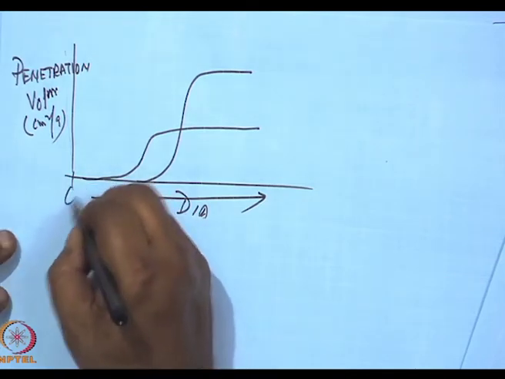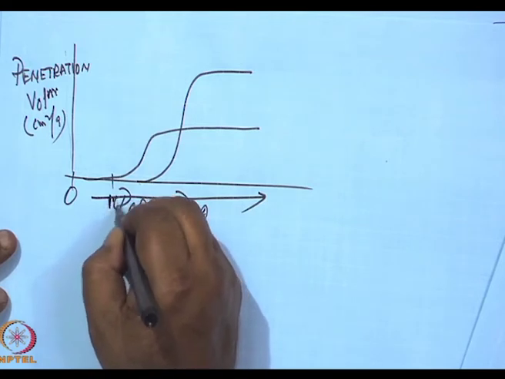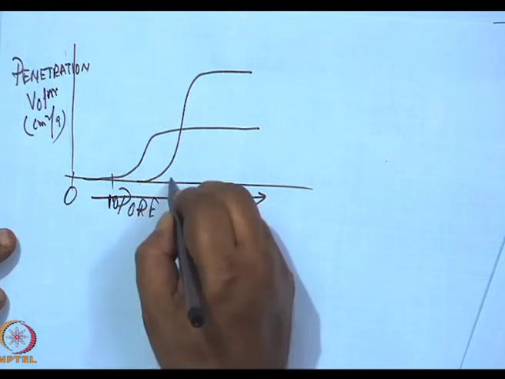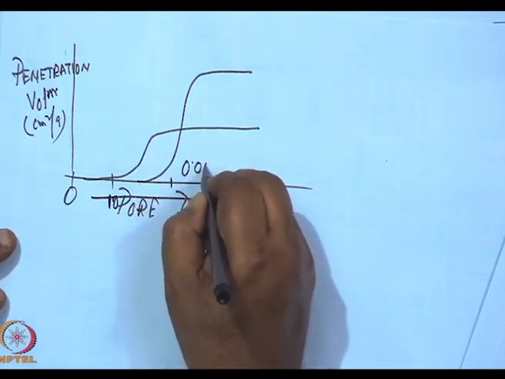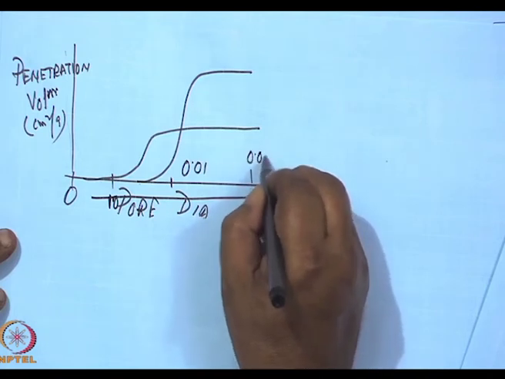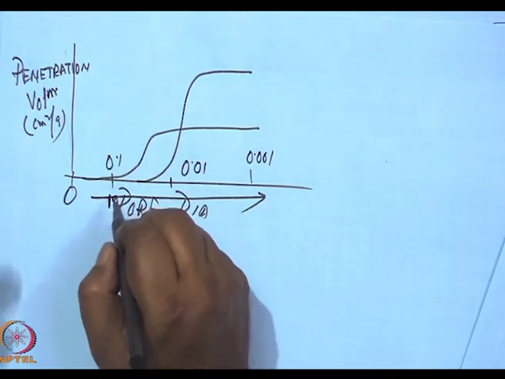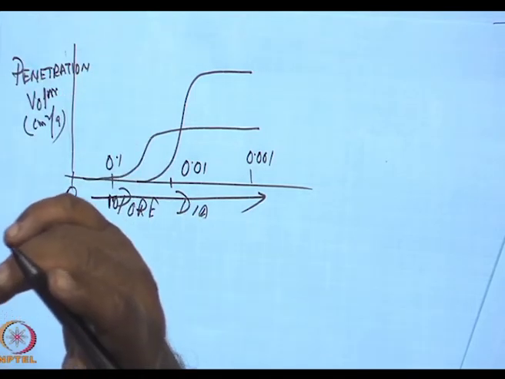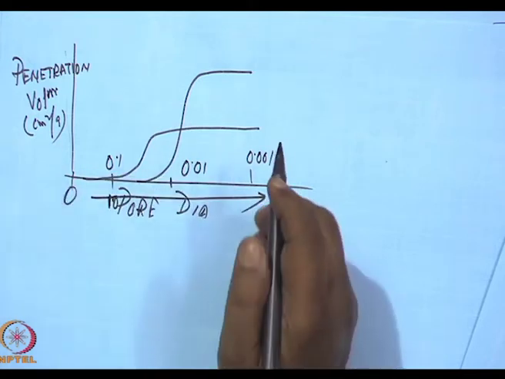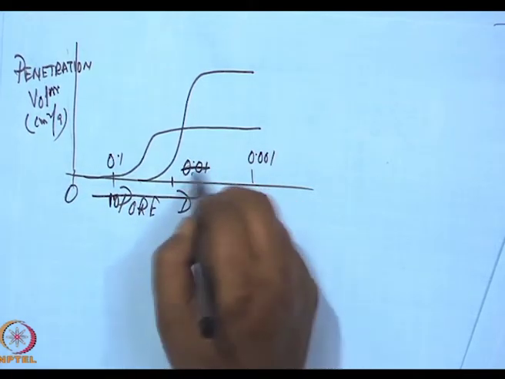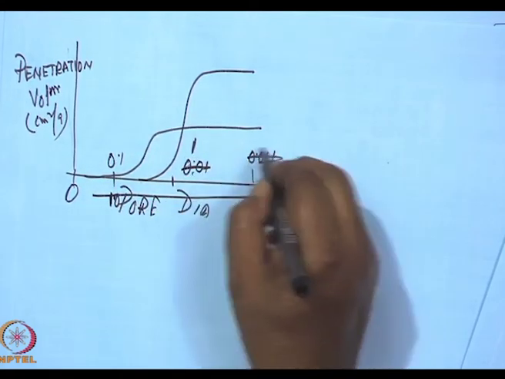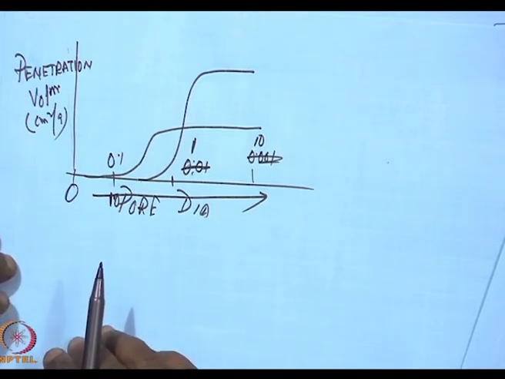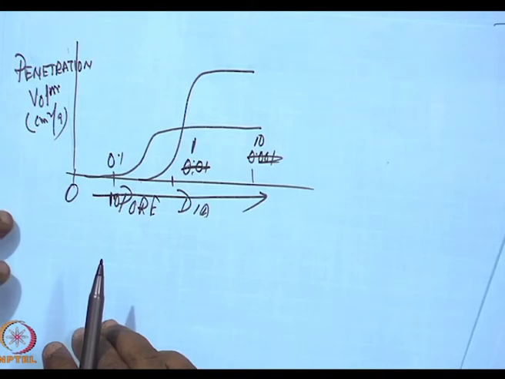If you are looking at numbers, this is 0.01, this is 0.001, and this will be 0.1. And these are microns. This is 0.1, 1, 10. These sorts of graphs indicate what is the porosity of the material.